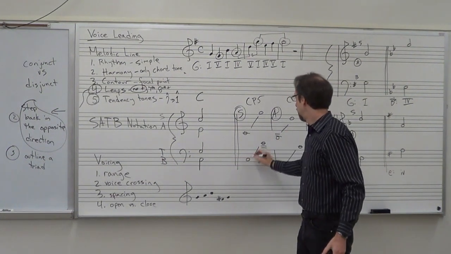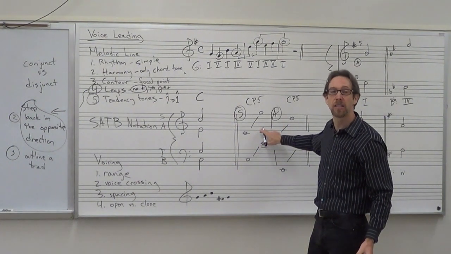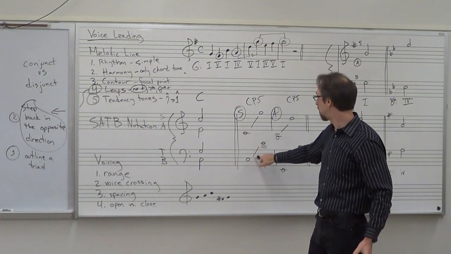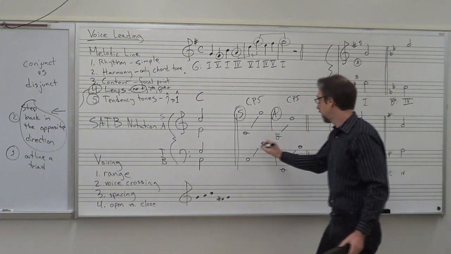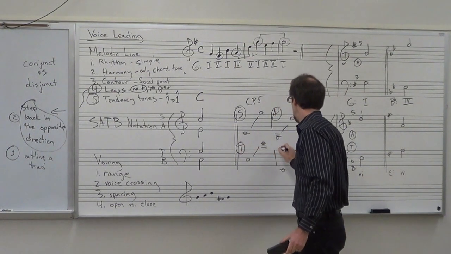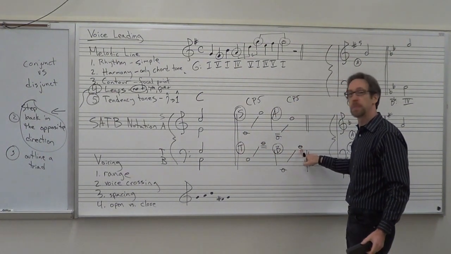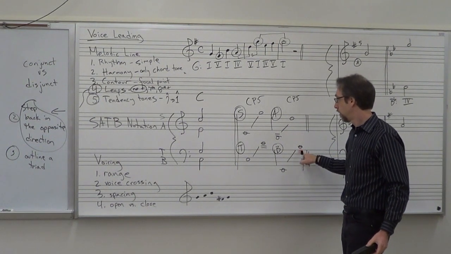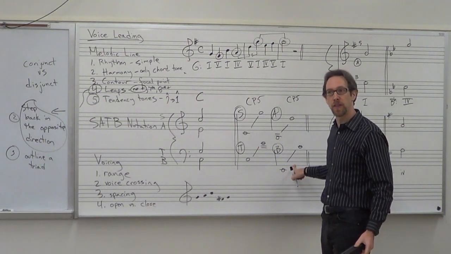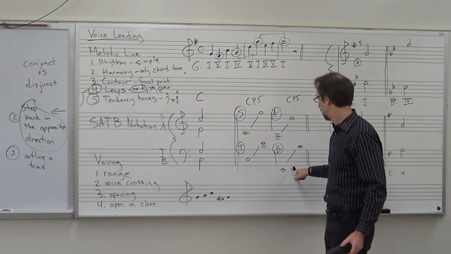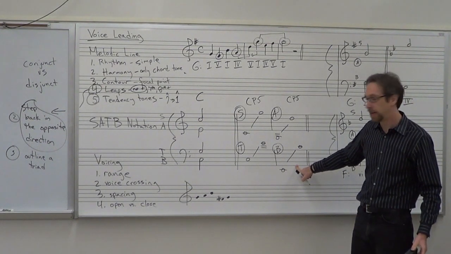The tenor is the same notes as the soprano, but an octave lower. So C to G for your tenor. And then your bass is a low E up to C. You'll notice that all of these, except for the bass, is a compound perfect fifth intervallically. The bass is the only exception to that. It's a little bit more.